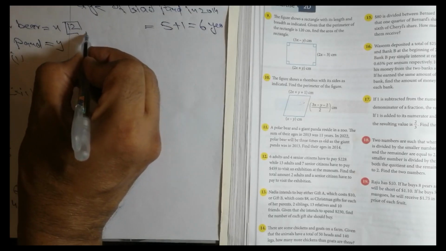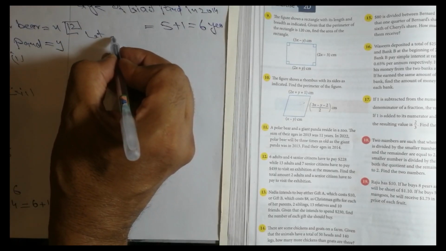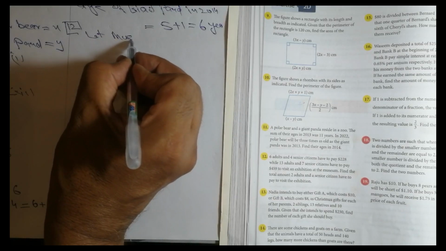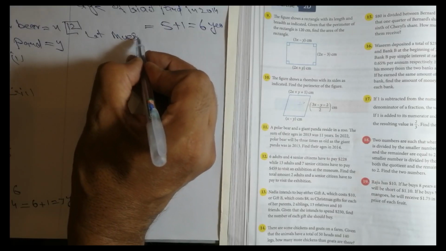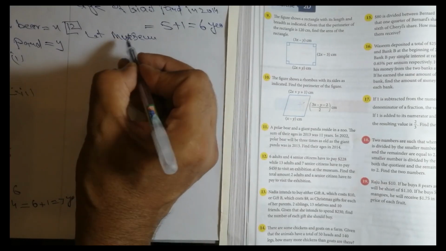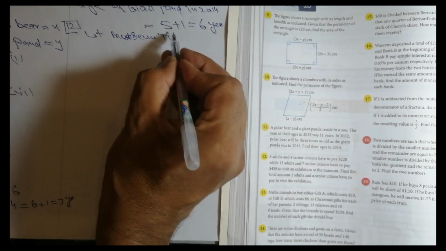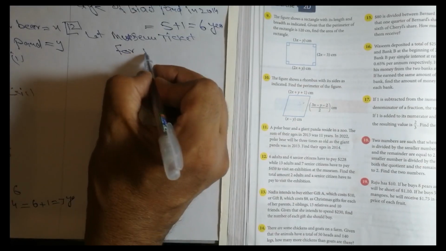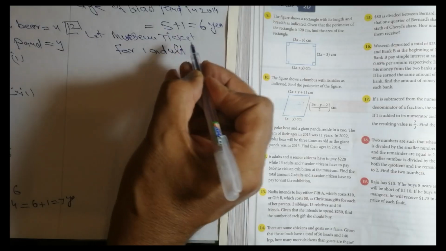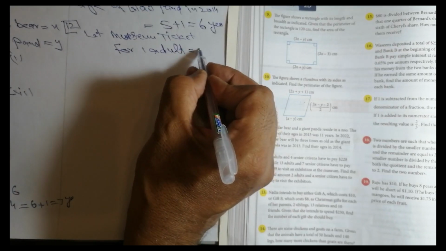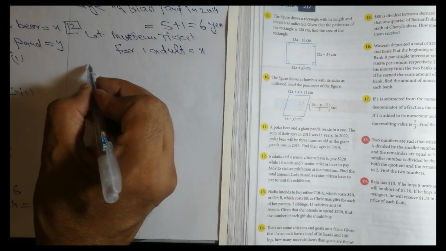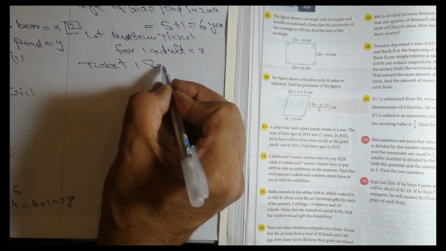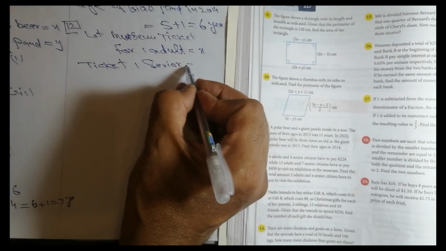So we suppose the museum ticket for one adult is equal to $x, and a ticket for one senior citizen is equal to $y.